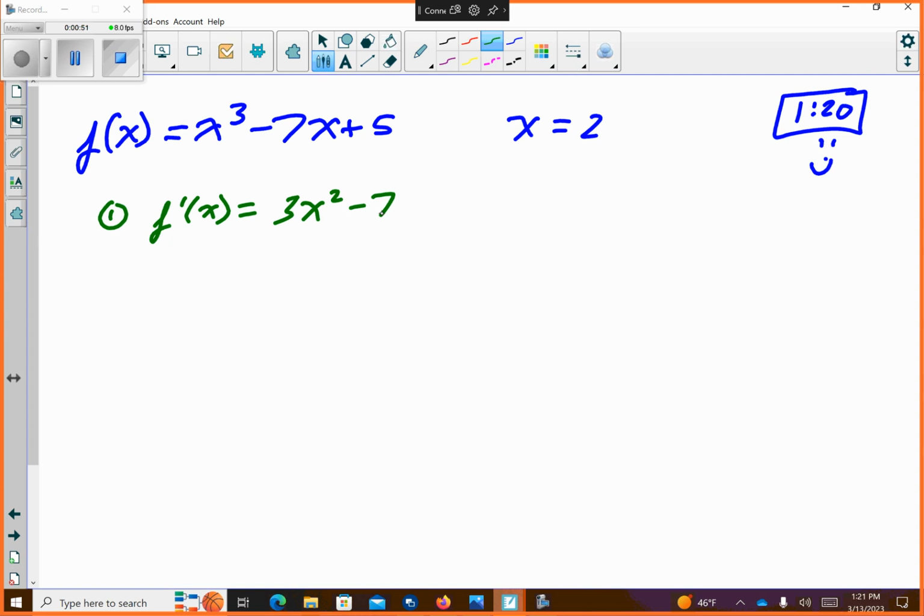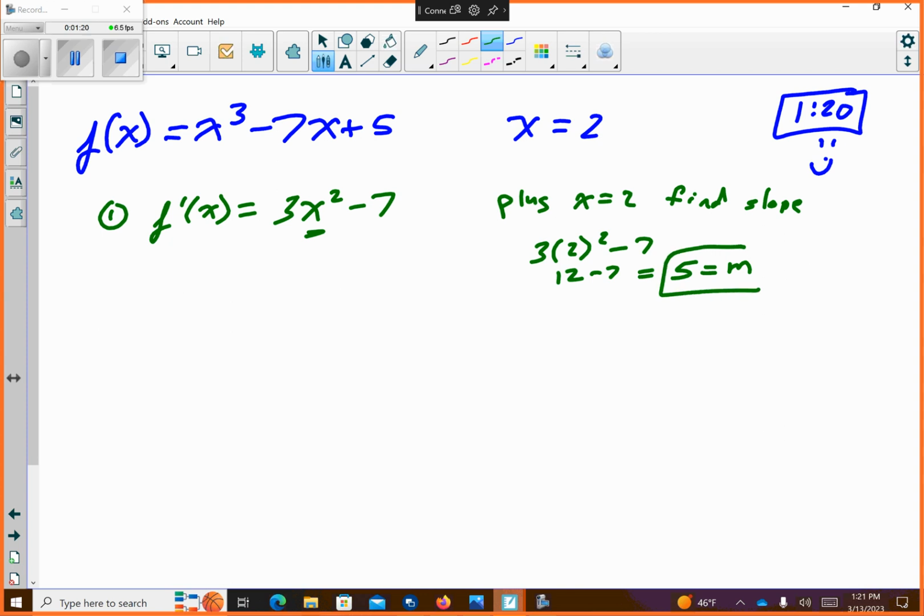And then I'm going to plug x equals 2, and this will find the slope of the original at that point. Okay, so I'm going to take 2 and plug it in for the x. So that's going to give me 3 times 2 squared minus 7, which is 12 minus 7. So my slope of my point of tangency is that.